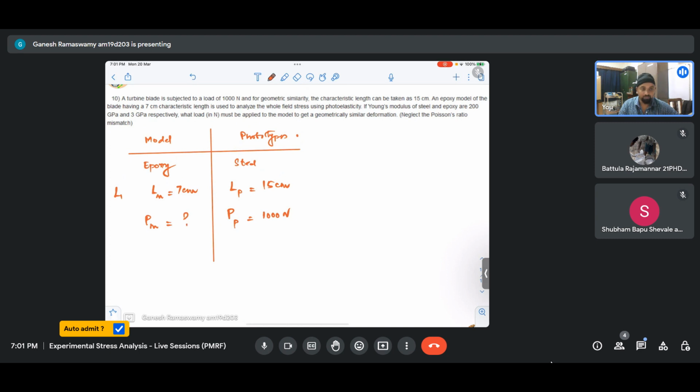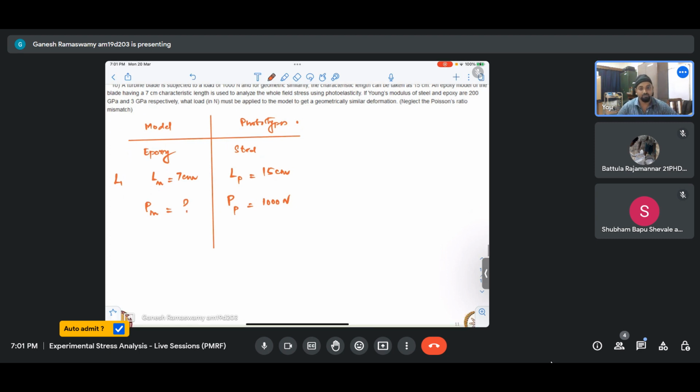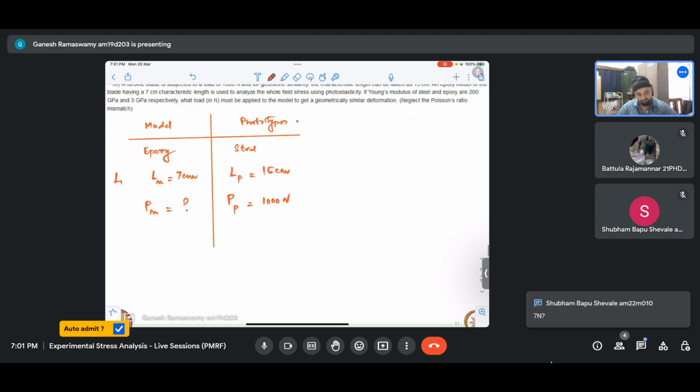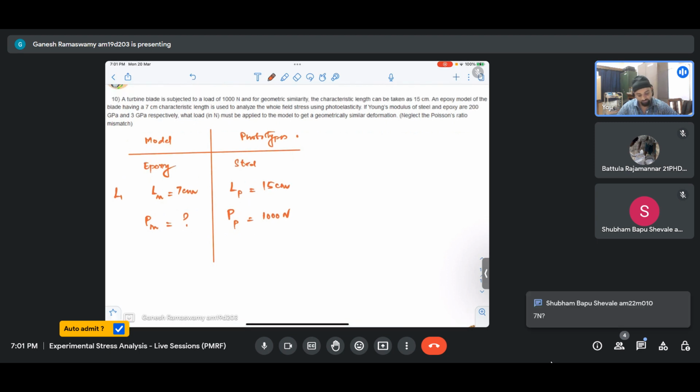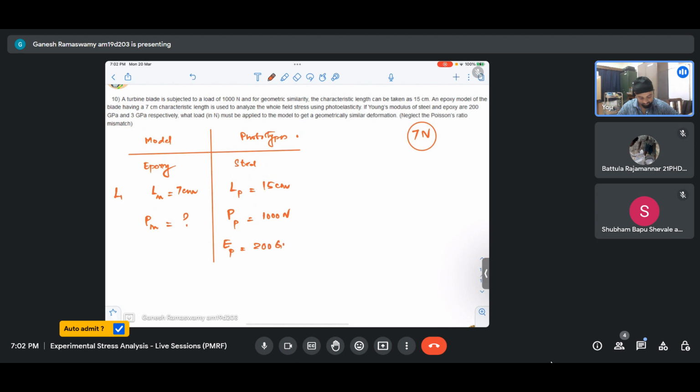What is the load that should be applied so that the deformations are geometrically similar? 7 Newton. Okay, so we have one answer. Let us see if that is correct. Young's modulus of the prototype is 200 GPa, and Young's modulus of our model is given to be 3 GPa.